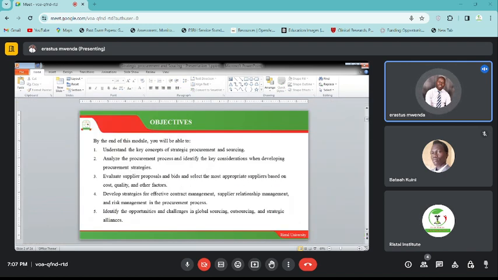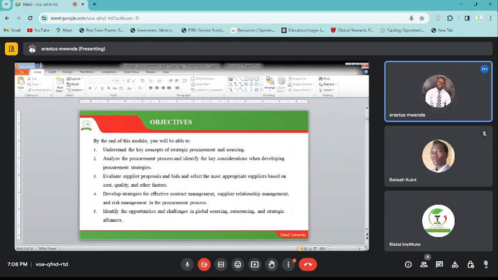As I have already highlighted, we'll be able to understand various concepts in strategic procurement and sourcing, analyze the procurement processes, evaluate different supplier proposals and bids, and develop various strategies for contract management, supplier relationship management, and finally, understand the opportunities and challenges in global sourcing.